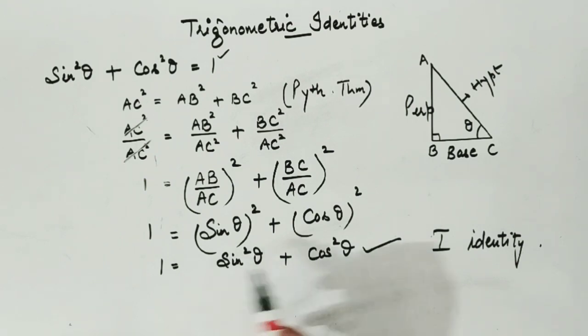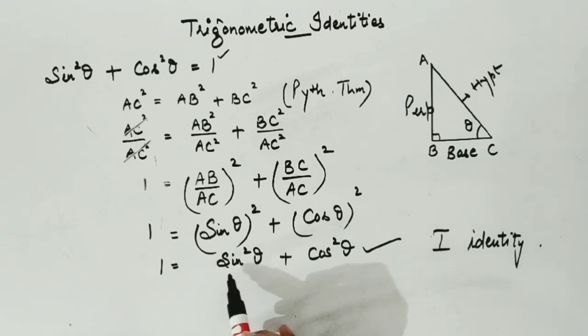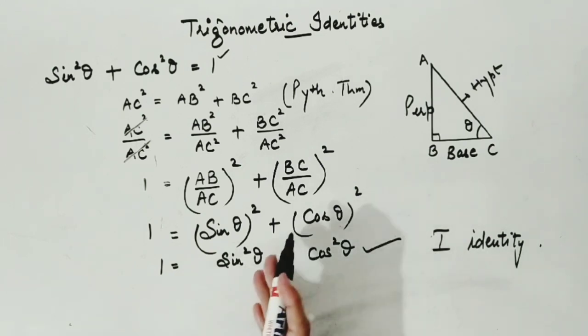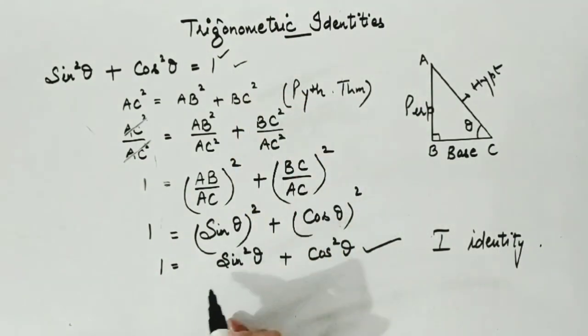In fact, from here, two more results can be obtained. We call them conversions, because at times, depending on the question's condition, we may be asked to express sine in terms of cos. So what would you do in that case? Let me just pick up this only.